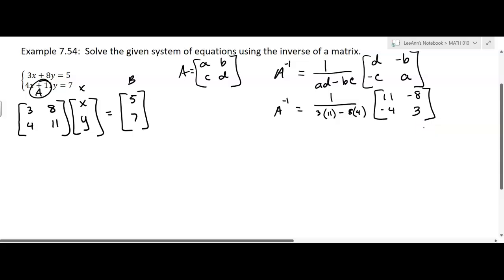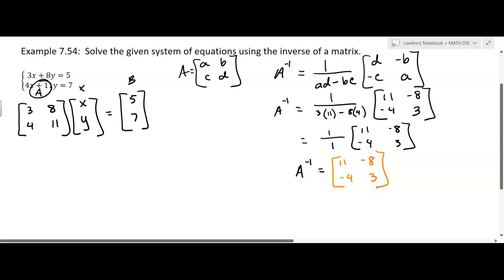Okay, so we get 1 over 33 minus 32 is 1, so we don't really need the 1 times whatever, it's a scalar. So A inverse is equal to, I'm going to put it in orange so you can see it when I move it over, 11, negative 8, negative 4, 3.